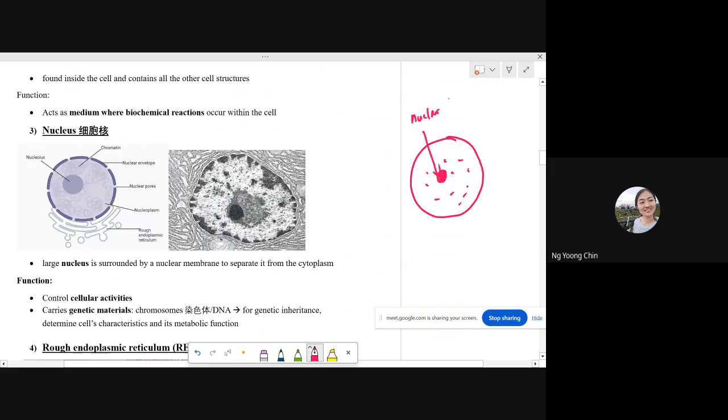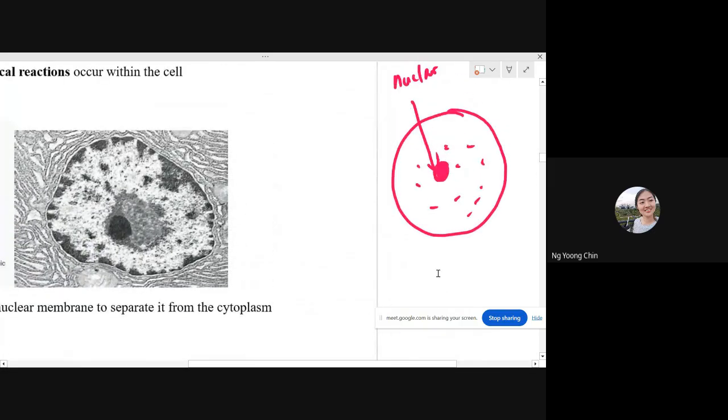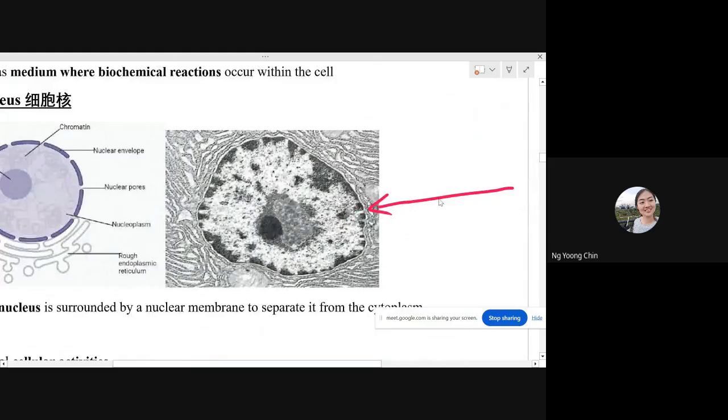Nucleus. When you zoom in on the picture, you can realize that the nucleus is not only a nucleus, because when you enlarge this, you will see this structure. This whole thing we call the nucleus.